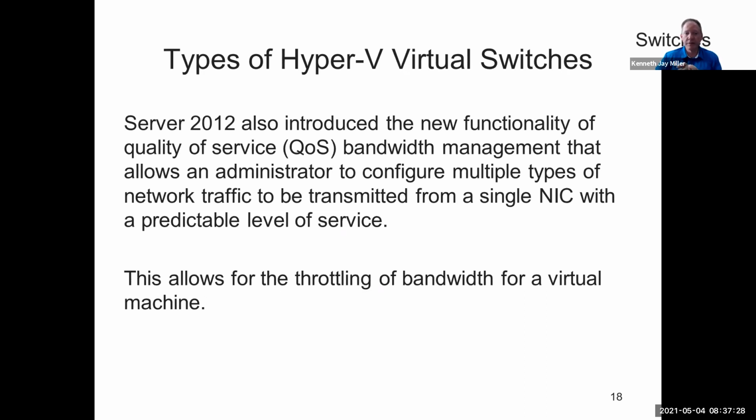Now, Server 2012 also introduced the new functionality of quality of service. And QoS is where we can prioritize traffic on our network. It's kind of like stores like Costco, right? Costco allows at certain hours, certain people have priority access, like the senior citizens have access at certain hours that regular, if you're not over 65 or whatever their age limit is, you don't have.